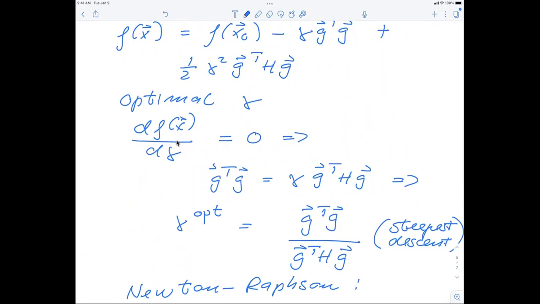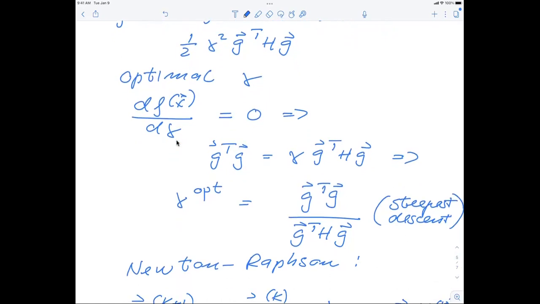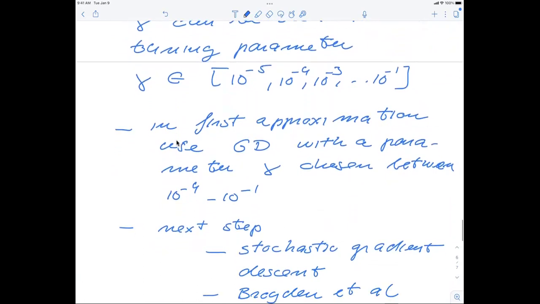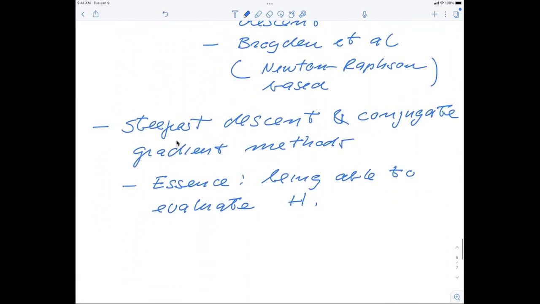That gave us the optimal parameter gamma. If we want to do that, you see that we actually have to calculate the gradient and multiply that with the Hessian matrix, and evaluate the quantity in the denominator here. Everything I'm doing now is something we are not going to implement, but you could think of implementing that if you have the possibility of calculating the Hessian matrix.